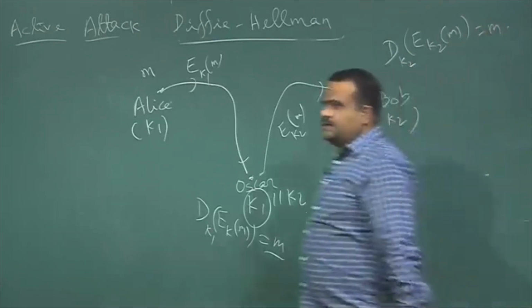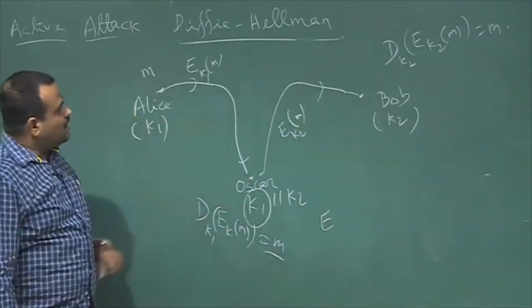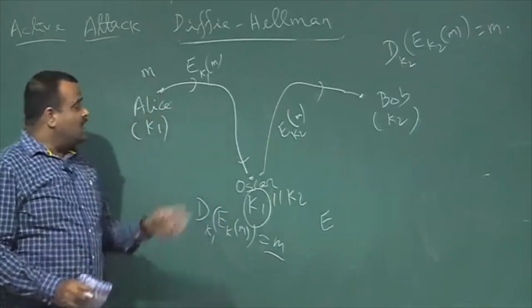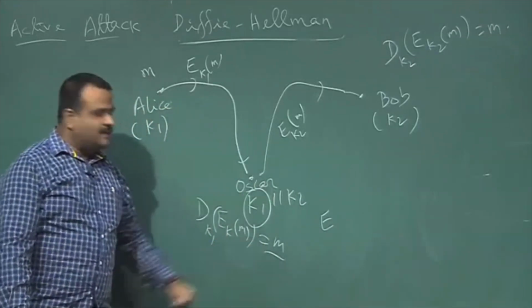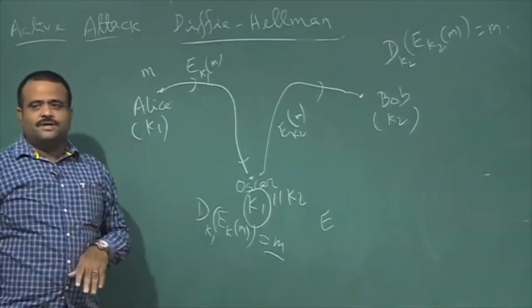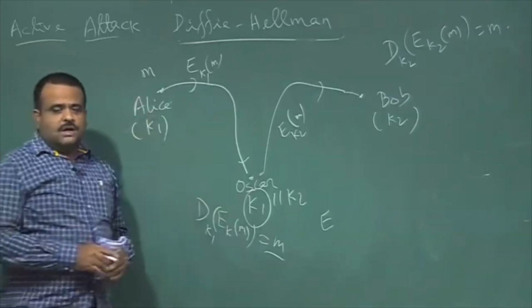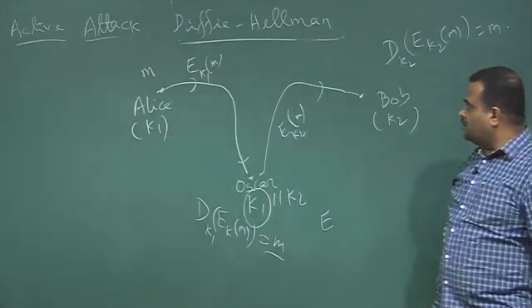But unknowingly, Oscar also gets the message. So, Oscar knows what is being communicated between Alice and Bob. This is the active attack on the Diffie-Hellman protocol.